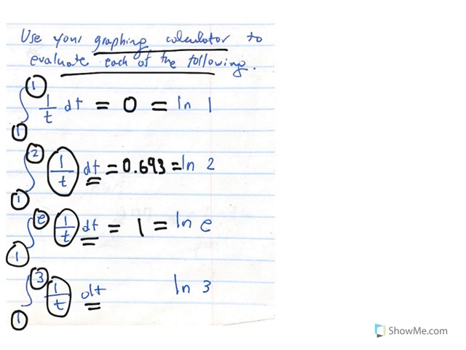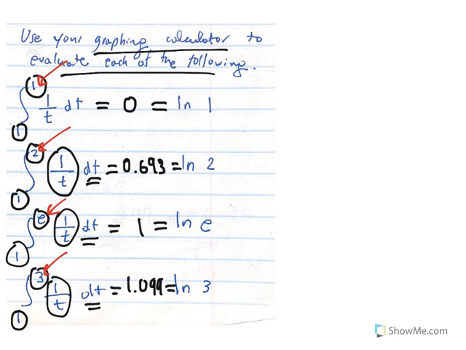The value of the fourth definite integral is approximately 1.099, and that's what natural log of 3 is approximately equal to. So when we observe this, we should see that what we have in the left column are 4 definite integrals, where the only thing different going from one to the next is the upper limit of integration.